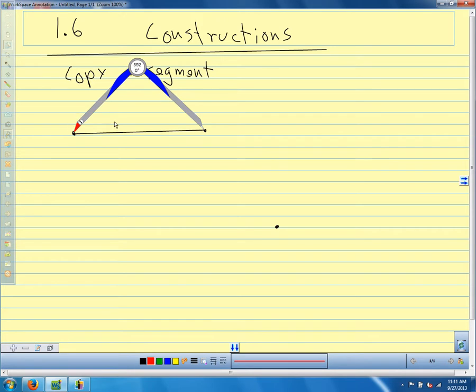So open up my compass, set it down on either end, it can go either direction, and then I'm going to draw a little arc, leaving the compass open.